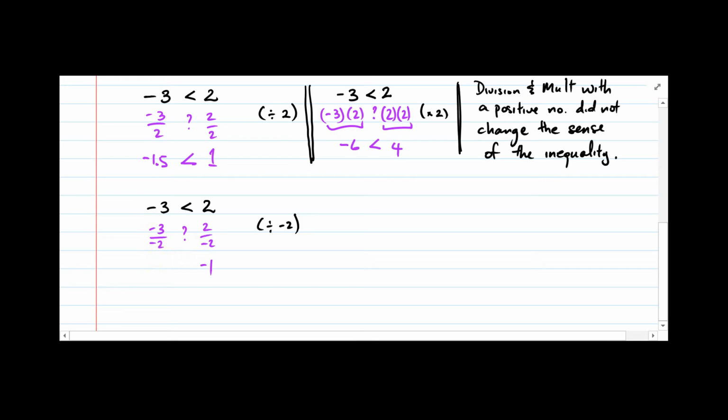Simplifying each side, negative and negative will be a positive, so we end up with positive 1.5 on the left and negative 1 for the right hand side. All positive numbers are greater than negative 1. So here we see that there's a switch. There seems to be a reversal of the inequality.